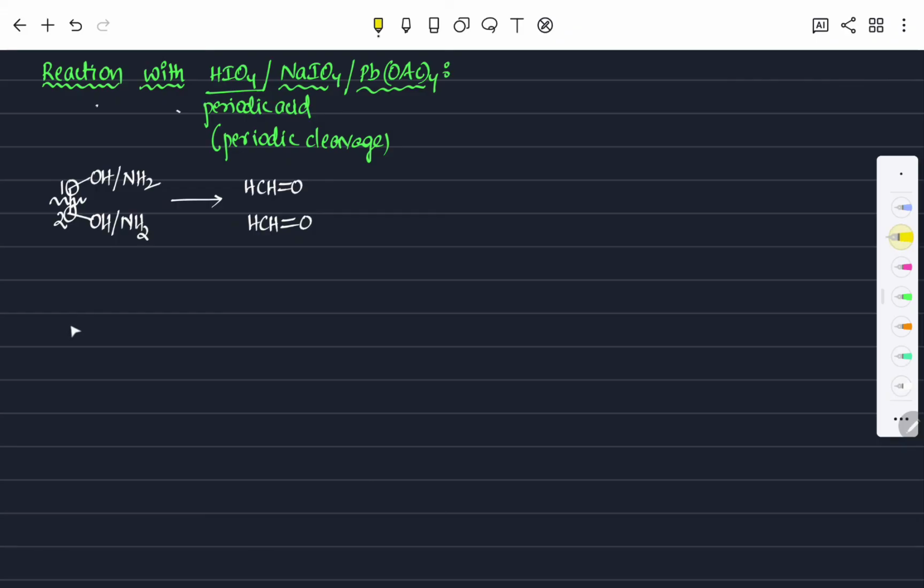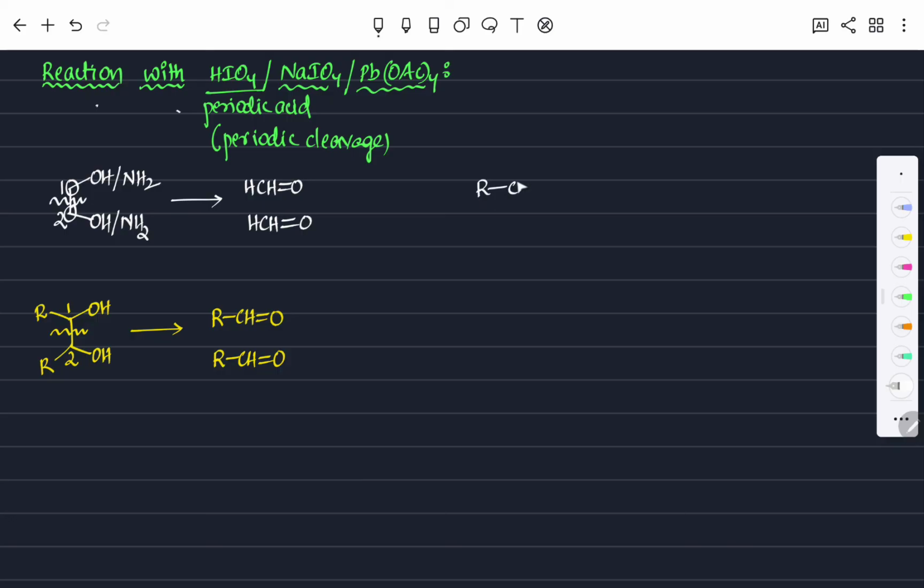Second example, 1,2-position OH groups are there. We have to break the bond, and this carbon undergoes oxidation and is converted into aldehyde, and this carbon also undergoes oxidation. The answer is the corresponding aldehyde.